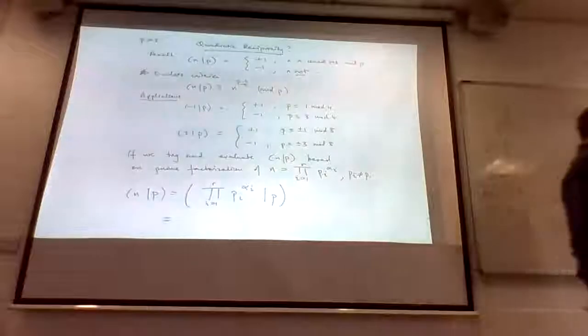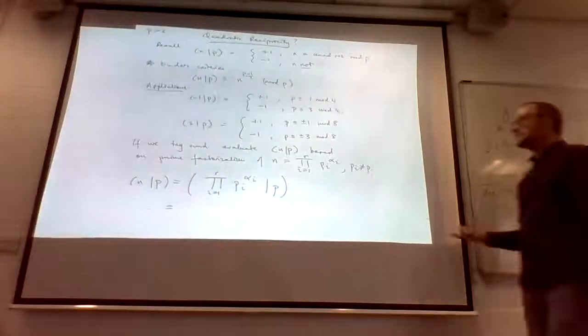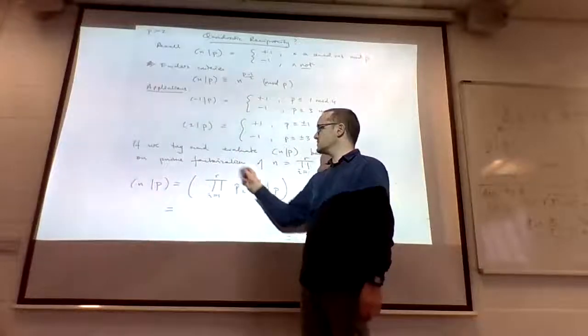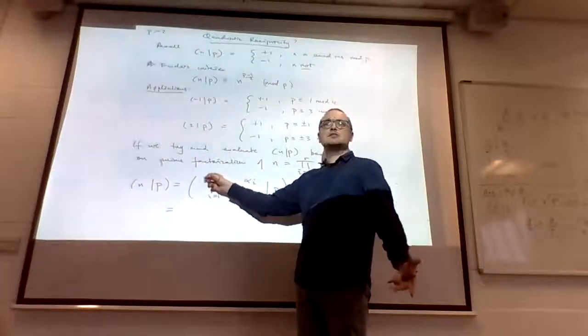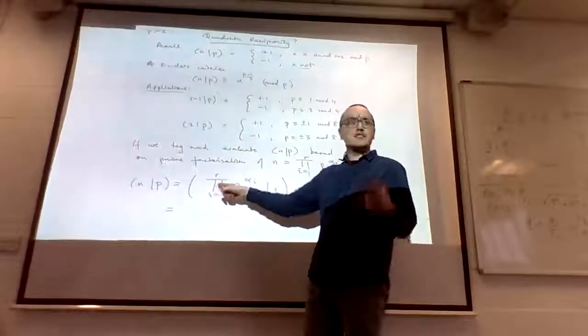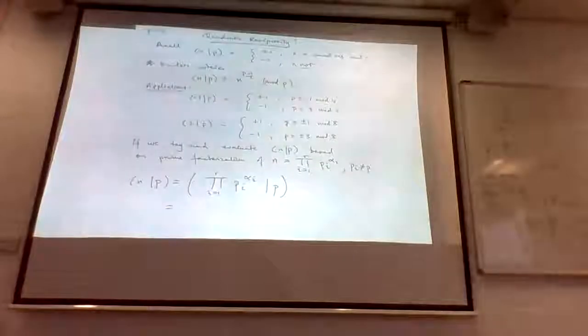Now, one of the first proper things we proved was how residues operate under multiplication. And what that meant was that the Legendre symbol, when you consider it as a function on the first argument here, is multiplicative. So if I've got a big product here, it's going to turn into the product of the individual Legendre symbols.